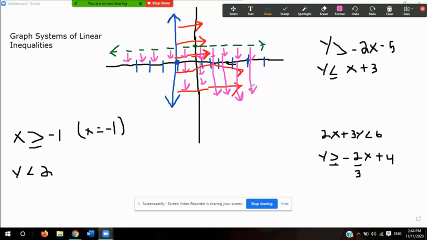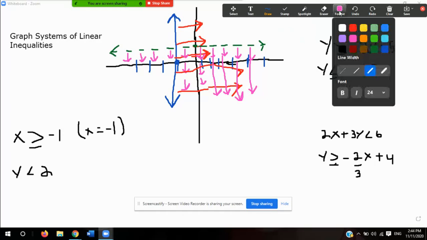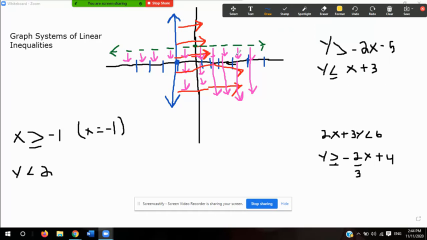And so basically, to use a different color, where my answer would lie would be in this region right here. So I'm going to use yellow to indicate the regions where this answer is true. Okay. So it's in this region right here that the answer to the system is.